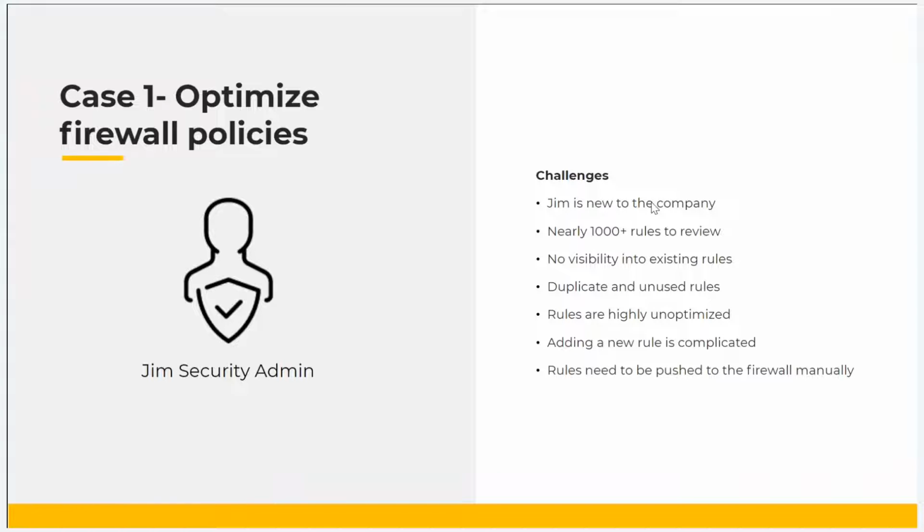And again, since it's a very old company, the rules have not been reviewed right from day one, and because of this, there are a lot of duplicate and unused rules. Also, the fact that more than one security admin has written these rules will only complicate the process, which makes the rules highly unoptimized and a very big headache for Jim to fix.